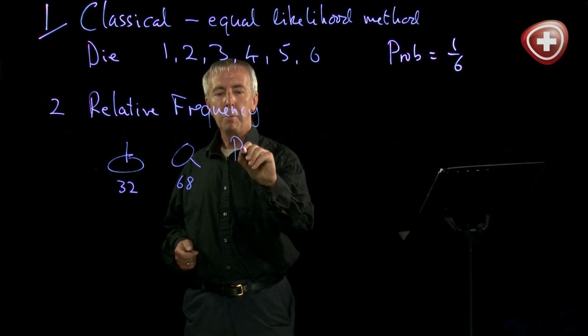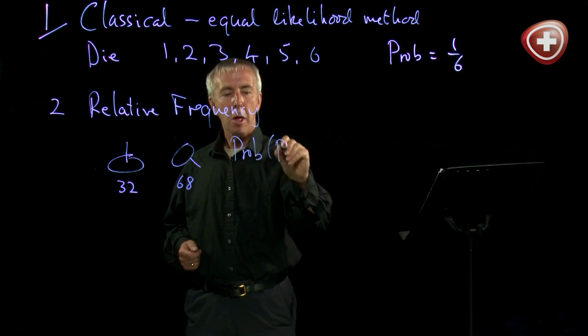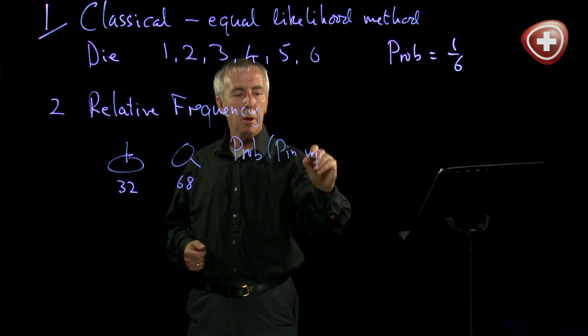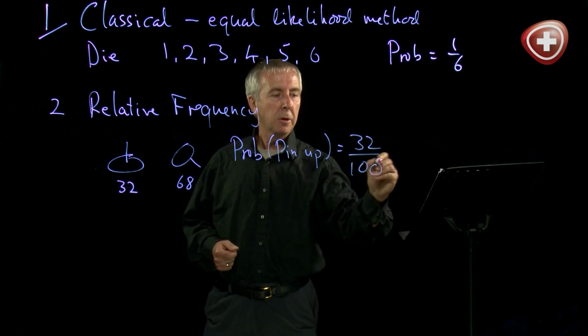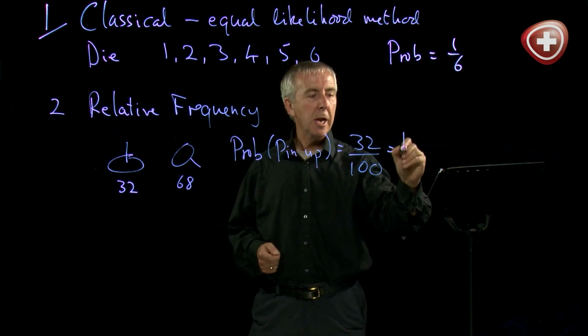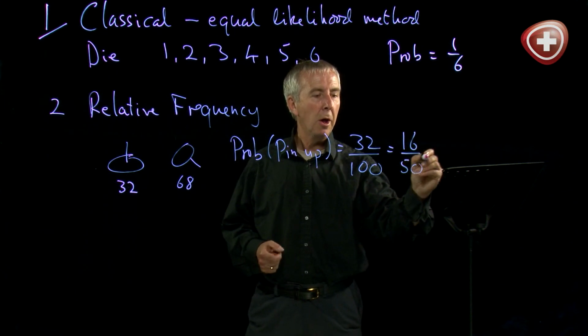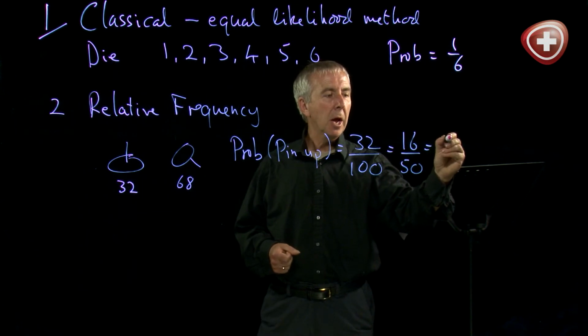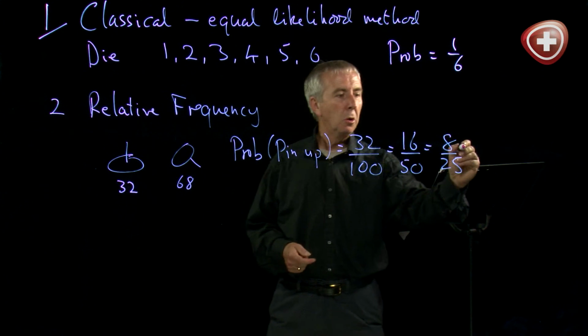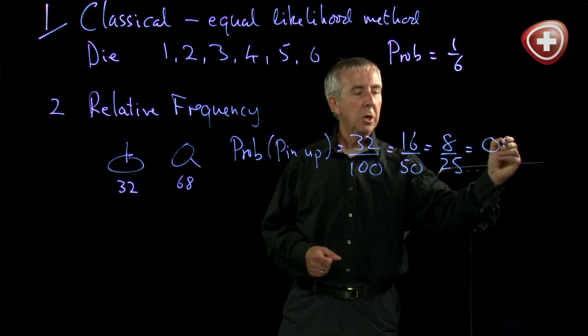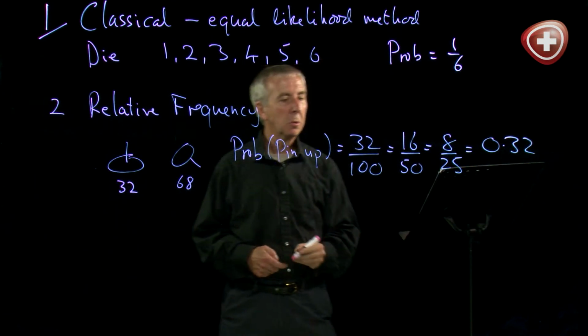So we would say the probability of pin being up equals 32 out of 100, which is 16 out of 50, and we can simplify and we get 8 out of 25 as the simplest fraction. Or if you want to use a decimal, we just get 0.32.